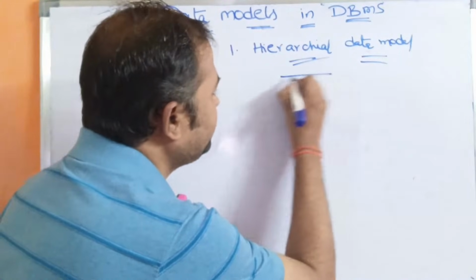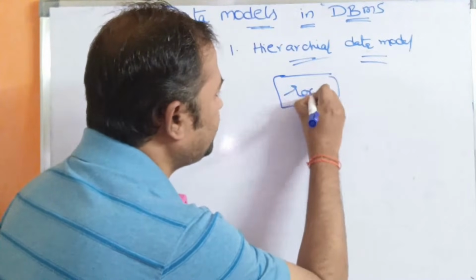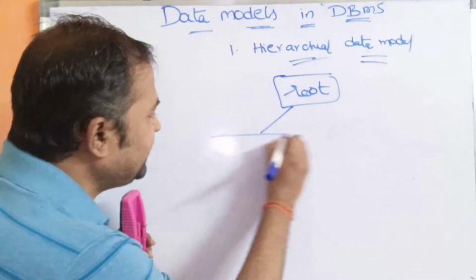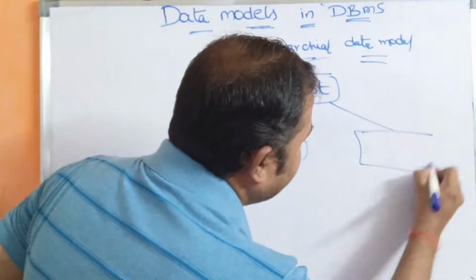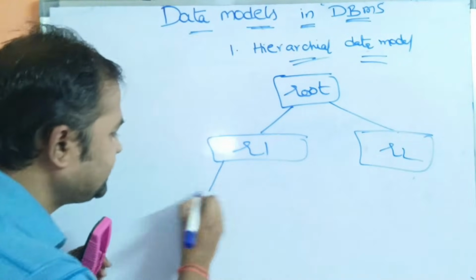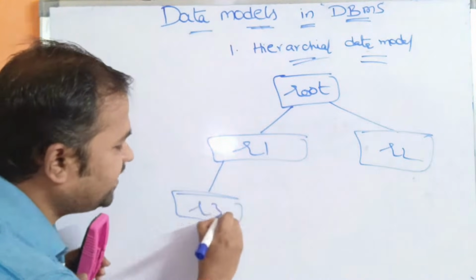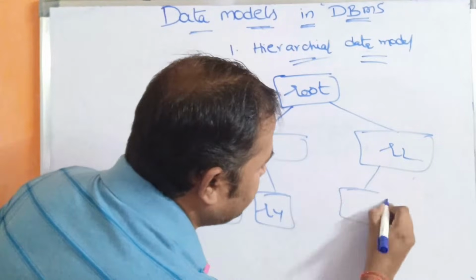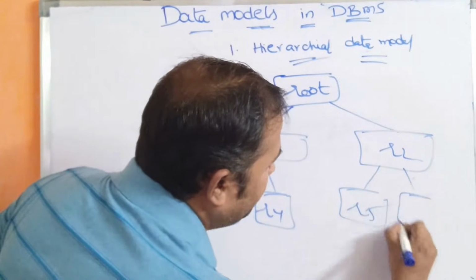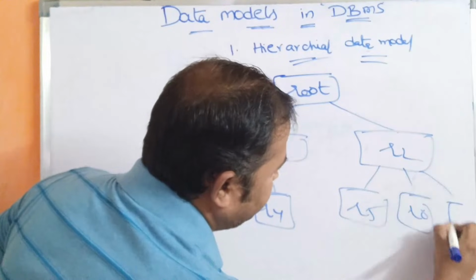So this is the diagram here. This is the root node. Under the root node, let's say record 1 is stored, and next record 2 is stored. Record 1's children are record 3 and record 4. Record 2's children are record 5, record 6, record 7, likewise.